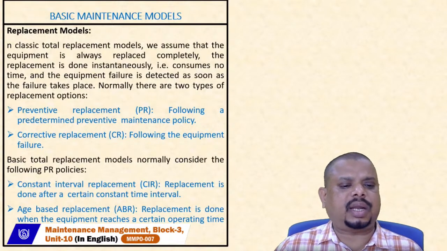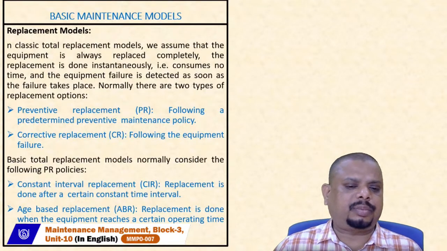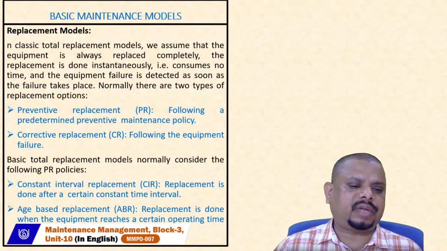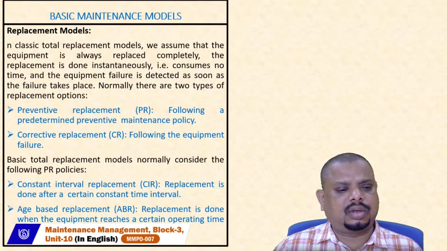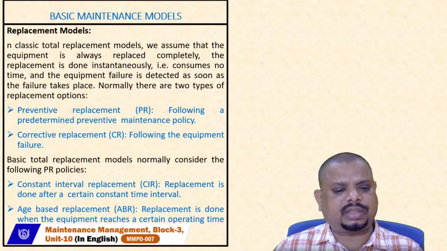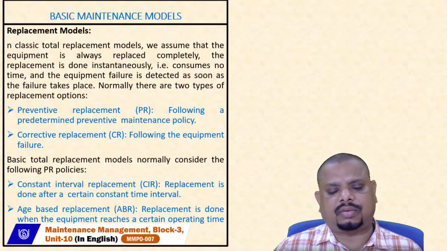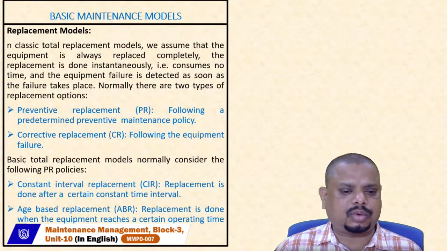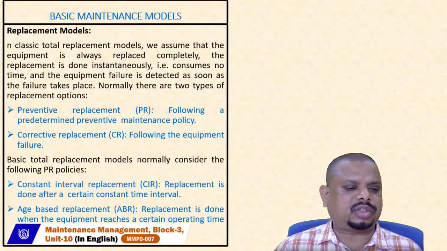But in the case of constant interval replacement, take bearings for example. The company has recommended that bearing life should last for 5 years. So before you reach that 5 years, depending upon the constant intervals, that means within a span of 2 to 3 years, you have to replace these bearings as early as possible.